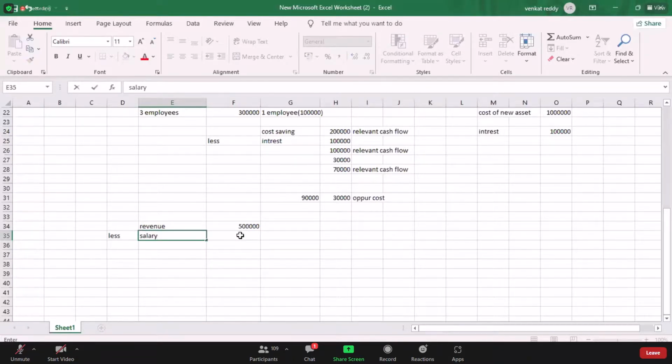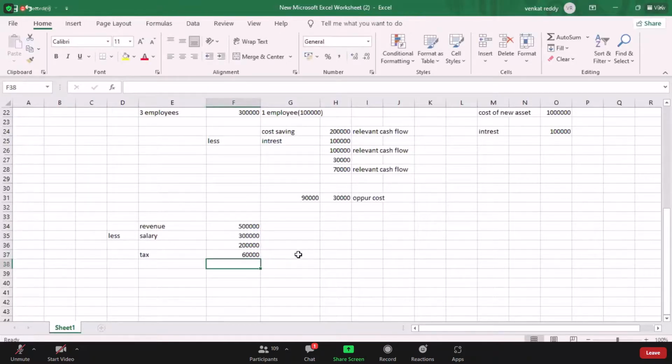I am taking this example by considering the old machine. So how much am I paying salary? 3 lakhs. So my residual amount is 2 lakhs, and on that I am paying tax at the rate of 30%. It means the total tax payable is 60,000. So this is about the old machine.